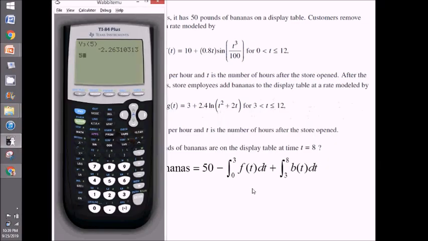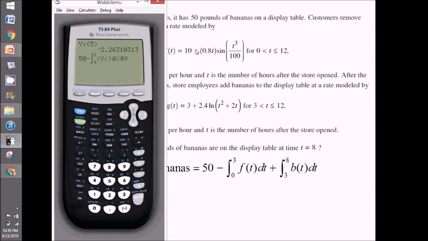So I've got 50. I'm subtracting the integral, so math 9, from 0 to 3. And my f function, I stored that in y1, so I'm going to put alpha trace y1 in here, dx.